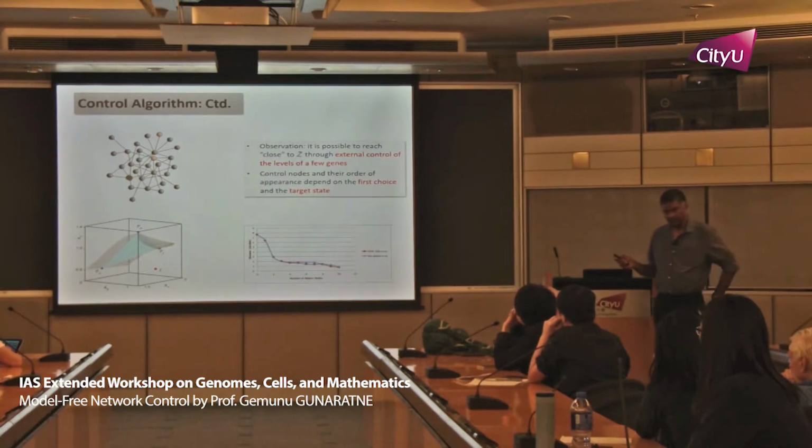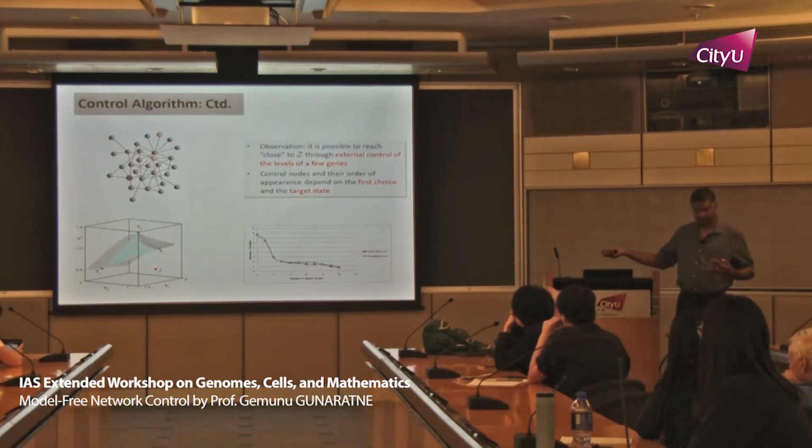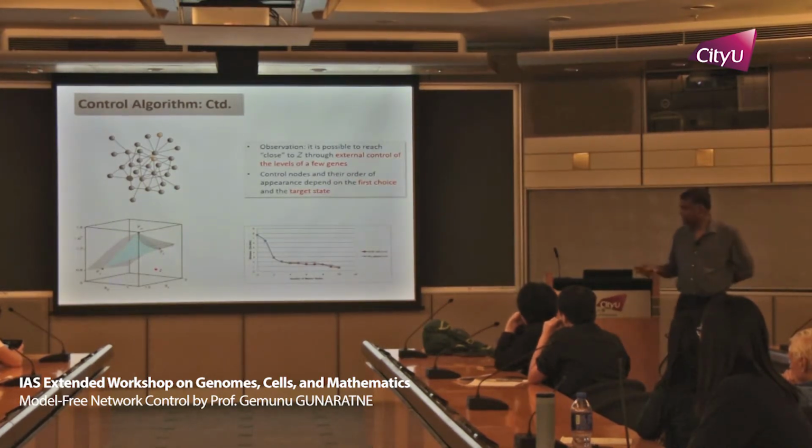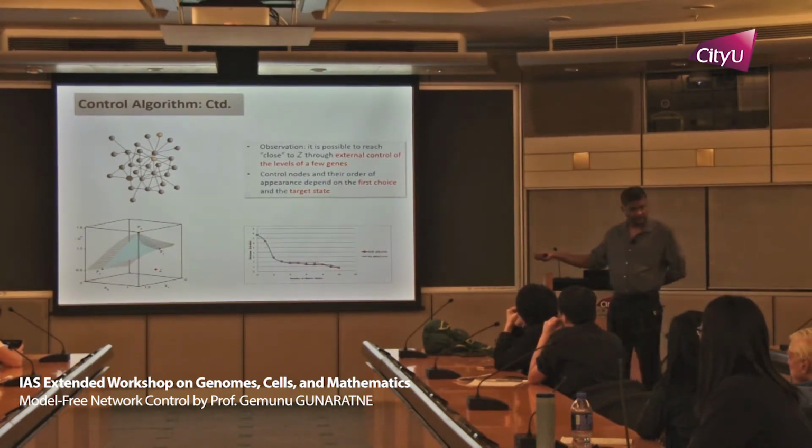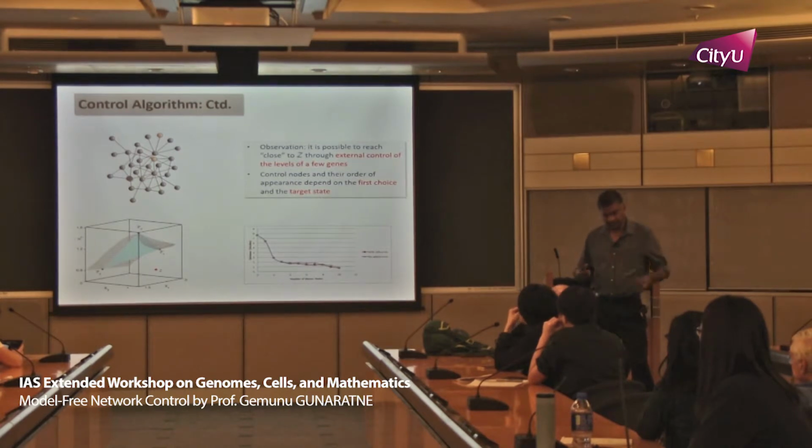So typically with a small number of changes, you get very close to the target state. It's not 0 because of the nonlinearity. Remember, I'm assuming that this approximation is linear. But otherwise, it converges very quickly. With a small number of genes, you can get close to the point.